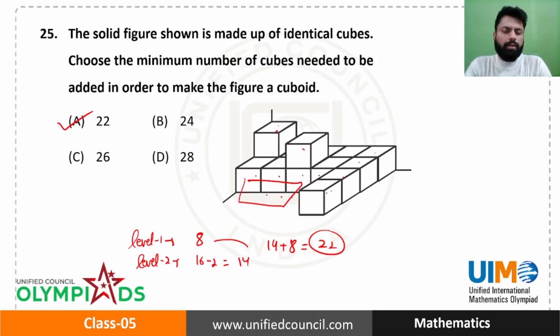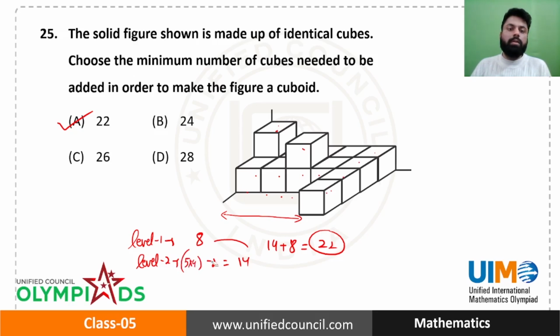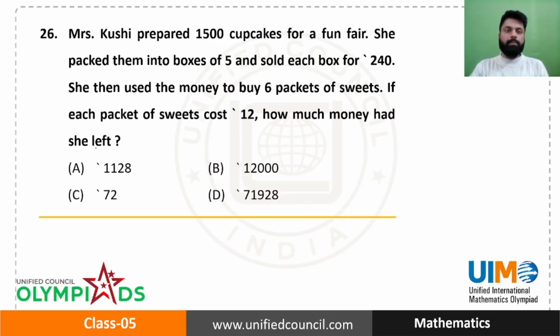But over here, width of cube is 4 and the length is 1, 2, 3, 4. Okay, one second. This is length. This one is 5. So this is going to be 5 into 4, 20 minus 2. So this is 20 minus 2, that is equal to 18. So this is 18. 18 plus 8 is 26. Option C is the correct answer.